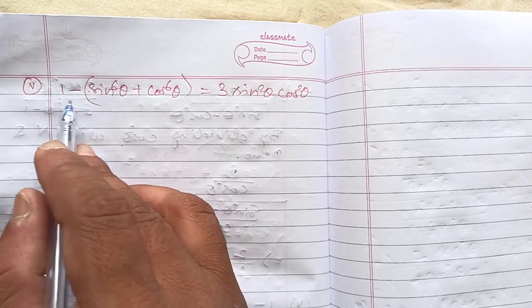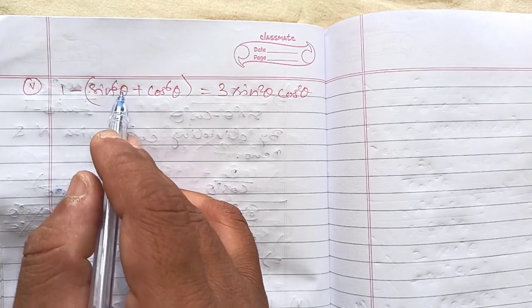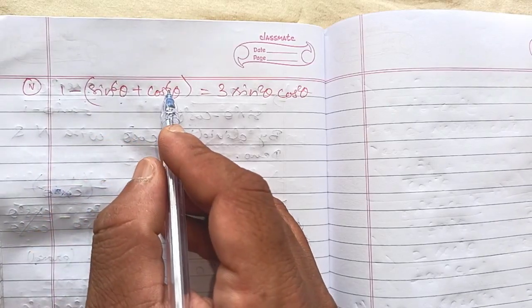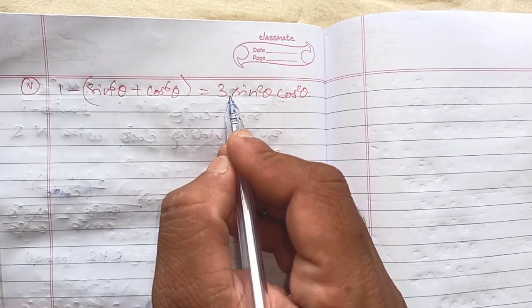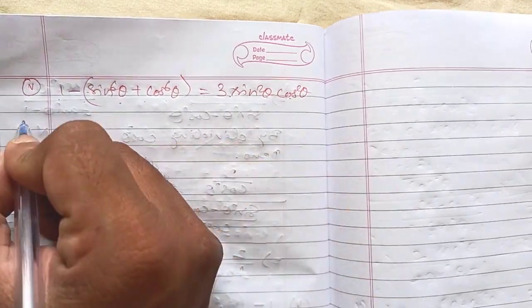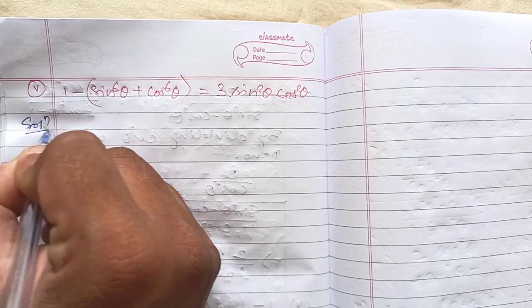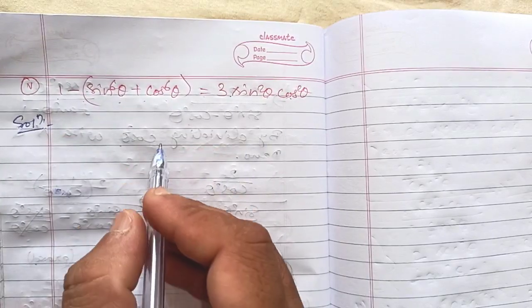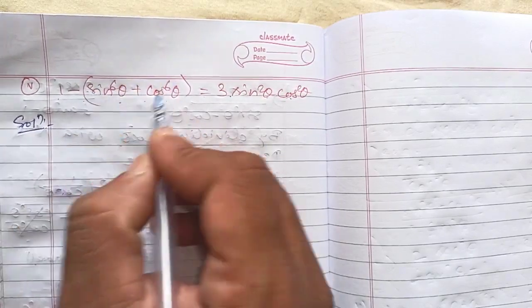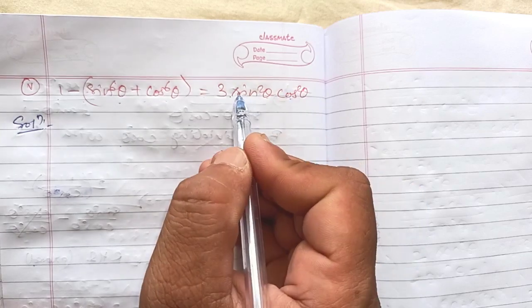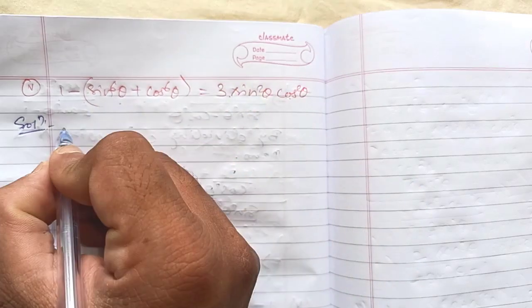Fifth question is given: 1 minus sin to the power 6 theta plus cos to the power 6 theta equals 3 sin square theta cos square theta. Okay, so we will arrange the question in a simpler manner. What we will do, we will take this term towards RHS and bring this term towards LHS.